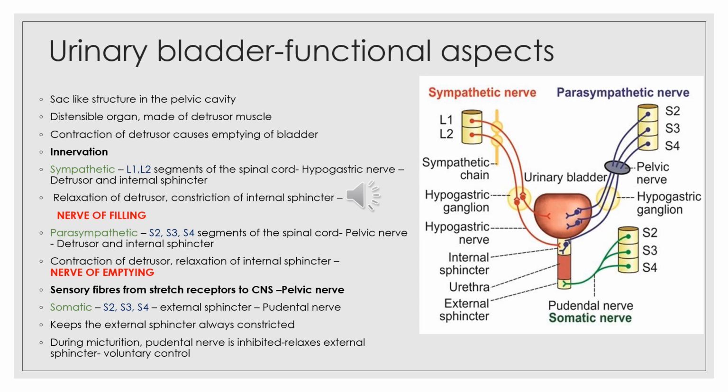Usually the external sphincter remains constricted because of this pudendal nerve, but during micturition it will be inhibited so that the external sphincter will be relaxed and helps in voiding of urine. So this pudendal nerve is responsible for the voluntary control of micturition.